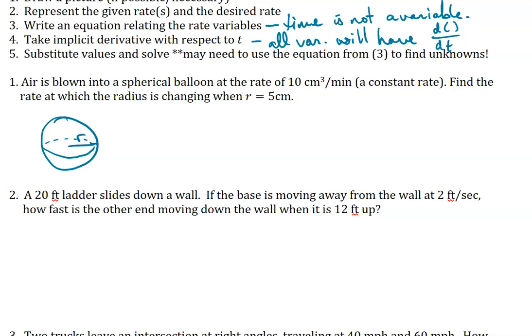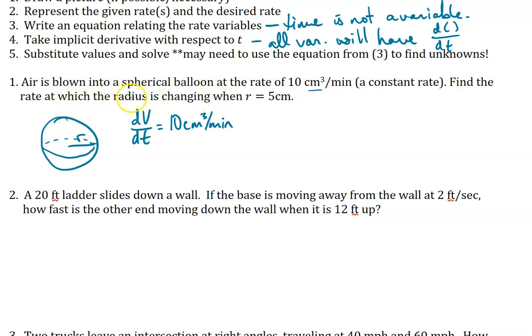And we are given that air is being blown into that at 10 cubic centimeters per minute. The fact that we're talking about cubic centimeters here tells me that that is a rate of change of volume. So the rate of change of volume, or dV over dt, is equal to 10 cubic centimeters per minute. Okay, and then it says find the rate at which the radius is changing.